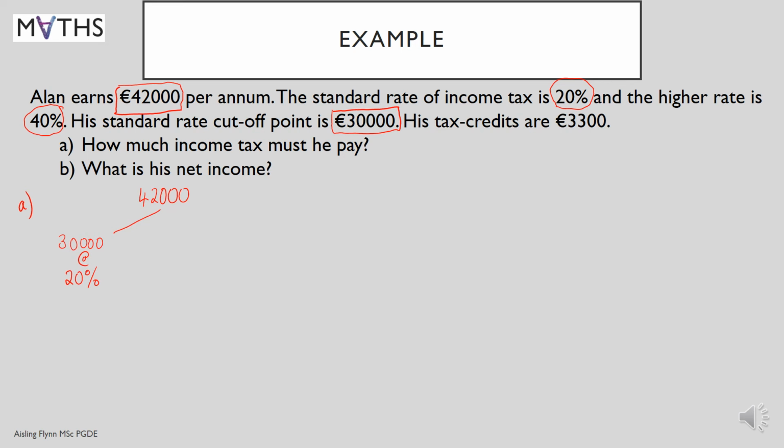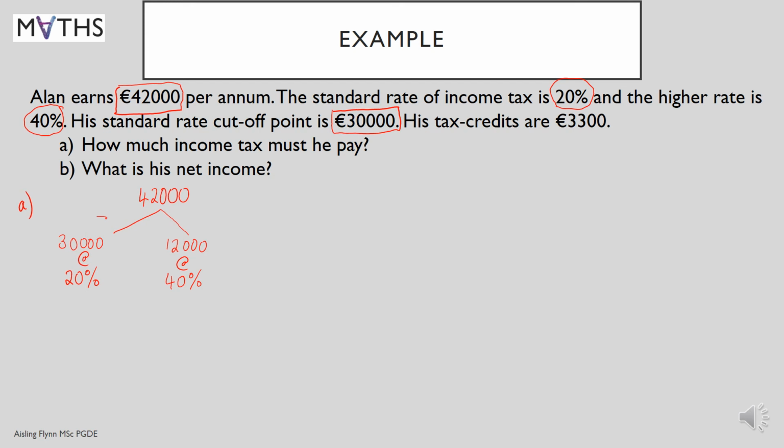Now, how much above 30,000 euros does he go, and how much must be taxed at 40%? You can use subtraction. 42,000 minus 30,000 gives you 12,000. So he goes 12,000 euros above the cut-off point, so that 12,000 euros will be taxed at 40%.